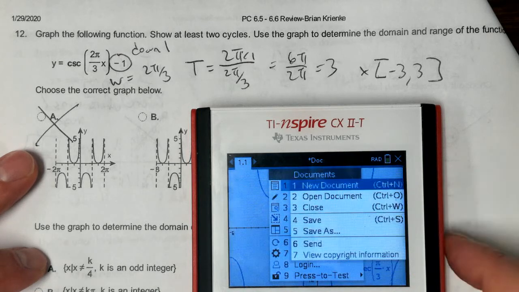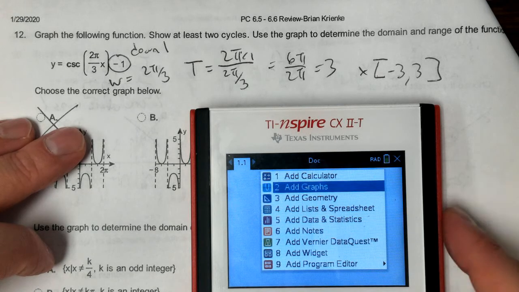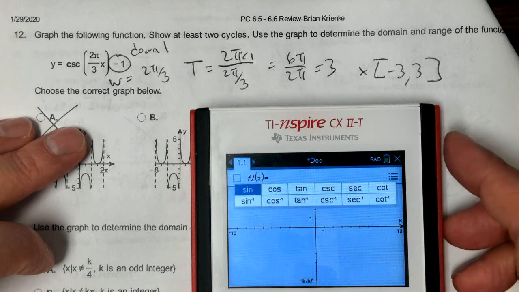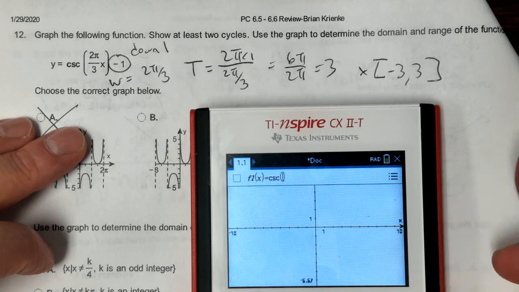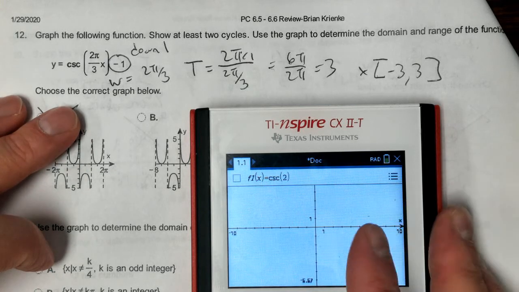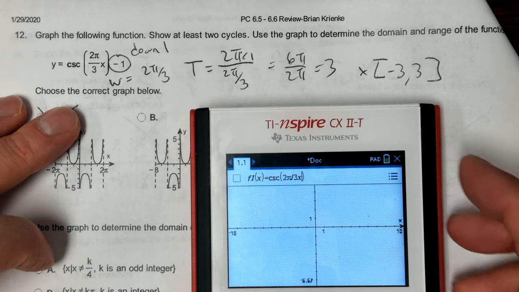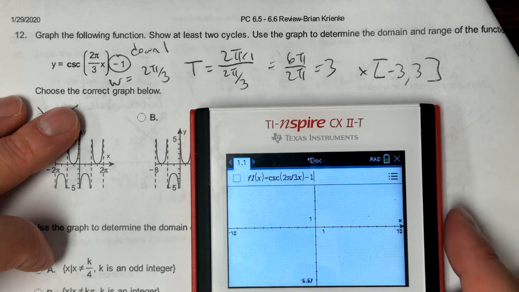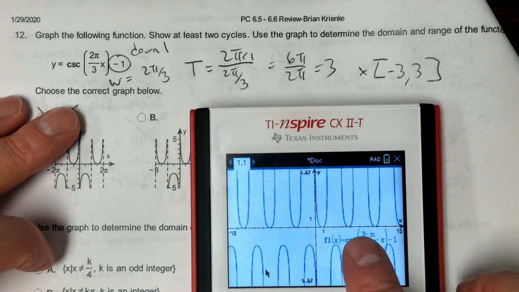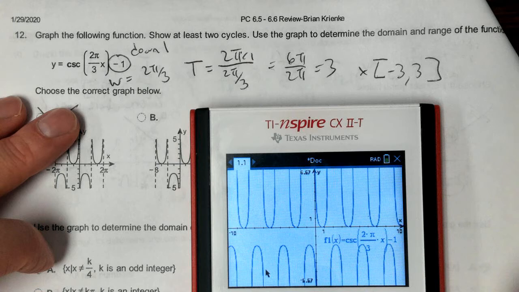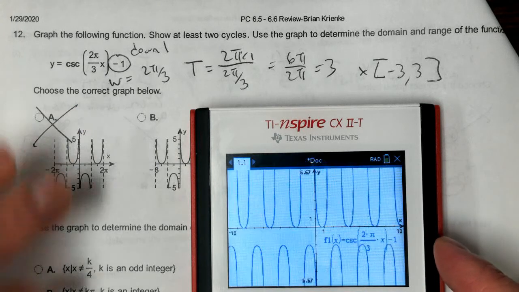So, cosecant 2 pi thirds x, and then -1. So it looks like this, and I want my x's to be from -3 to 3.